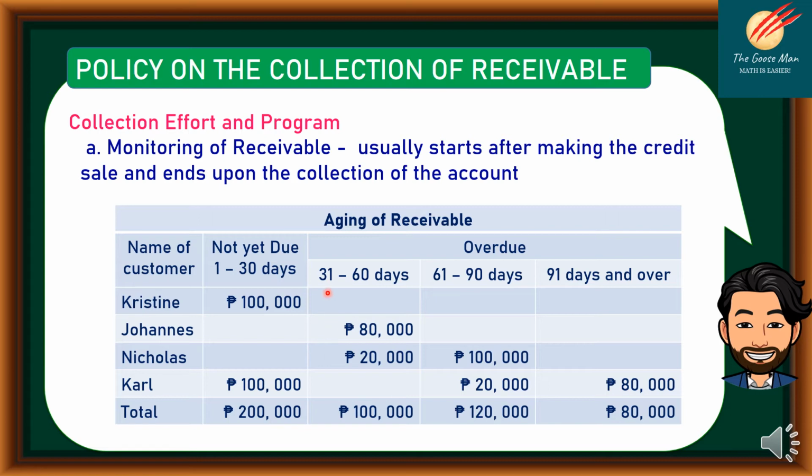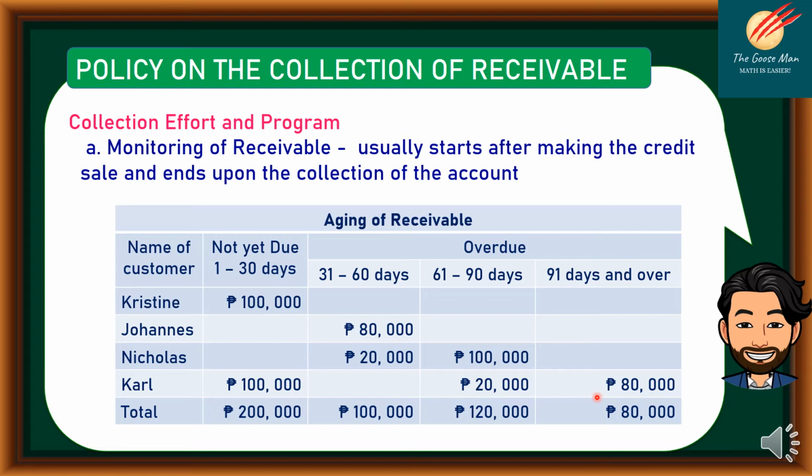For 31 to 60 days overdue, we have 80,000 for Johannes, Nicholas 20,000, and the total is 100,000 pesos. For overdue 61 to 90 days, we have 100,000 for Nicholas, Carl 20,000, at a total of 120,000. For overdue 91 days and over, we have a total of 80,000 pesos.